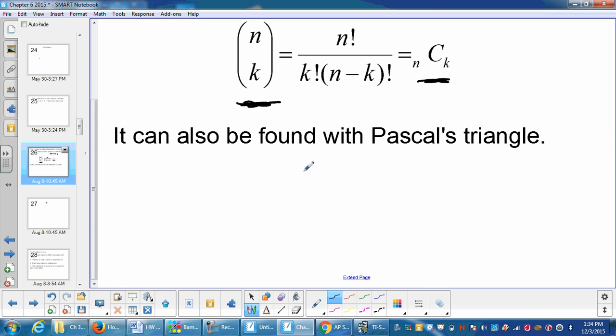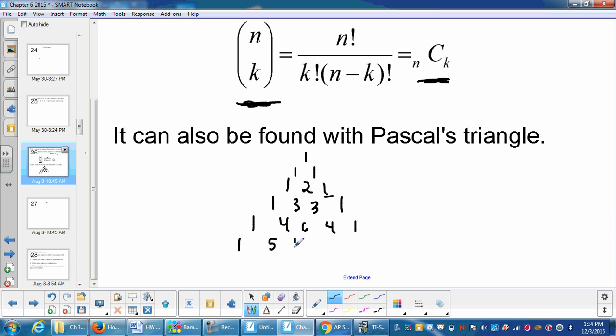So Pascal's triangle is a little triangle that starts with ones on the outside, and then you add the two top numbers to get the one in the middle. So 1, 2, 1. This is always ones on the outsides, but if you add these, you get 3 and 3. If you add these, you get 4, 6, 4, 1, and so on.